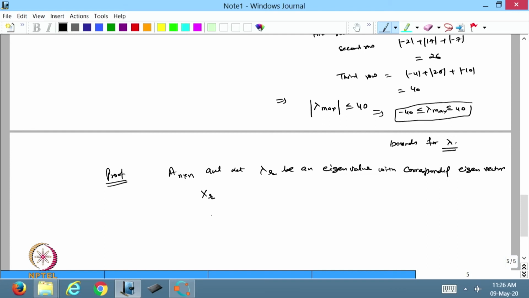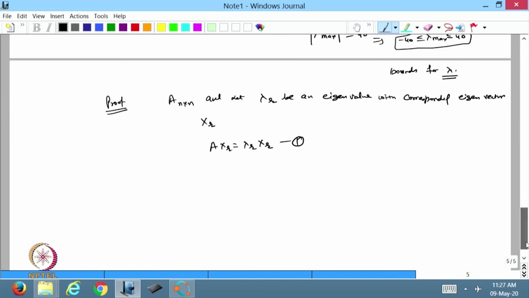From here I can write A x r equals lambda r x r. That is the definition of the eigenvalue, how we can find the eigenvalue. Now, this x r is a column vector: x 1 r, x 2 r, x l r, x n r. Those are the components of this vector.